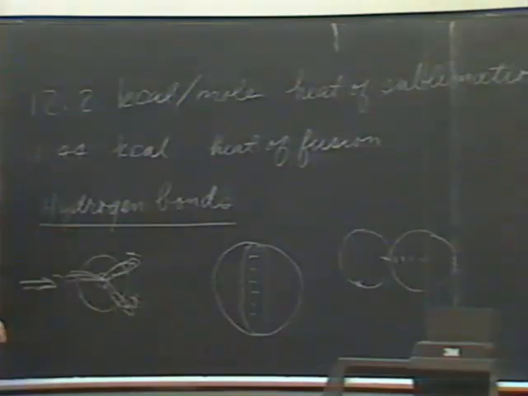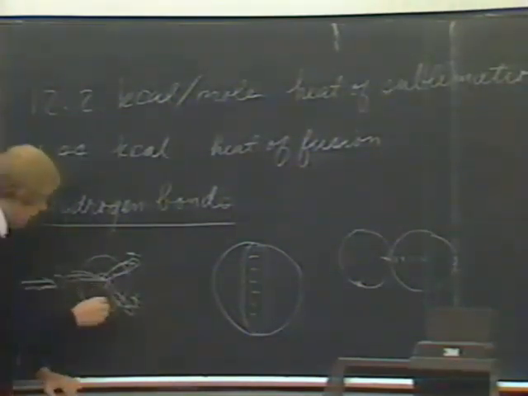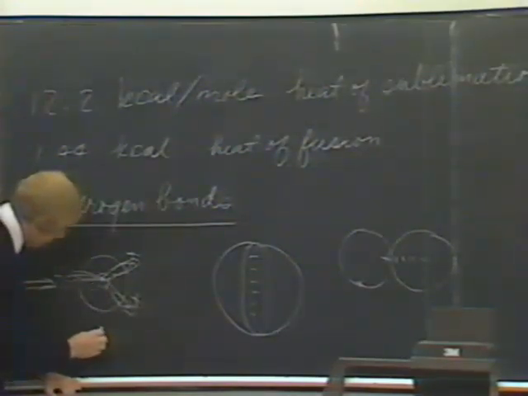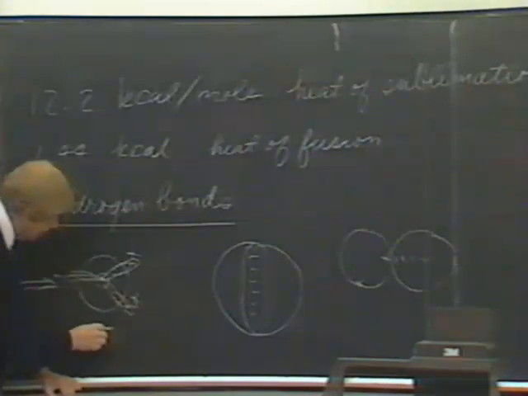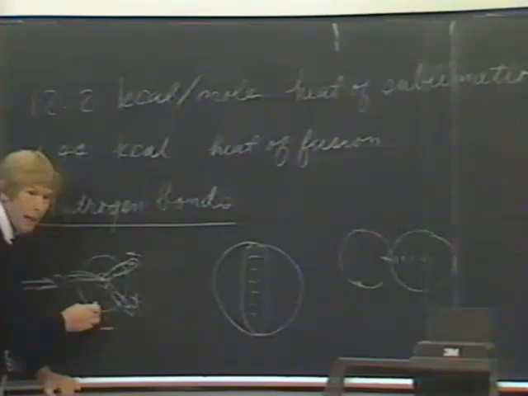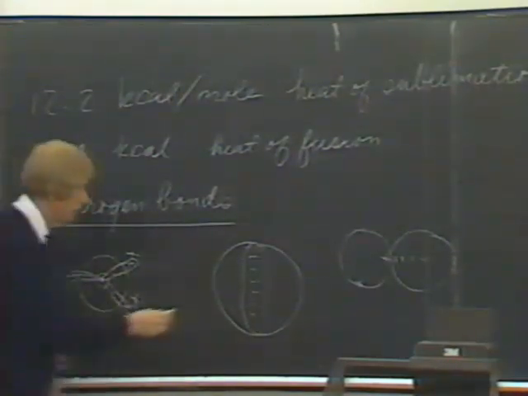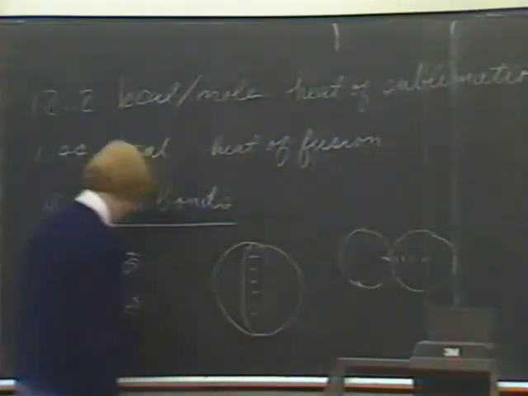The energy of the covalent bond here, the OH bond, is about 110 kilocalories per mole. The energy of the hydrogen bond is on the order of 6 or 7 kilocalories per mole.